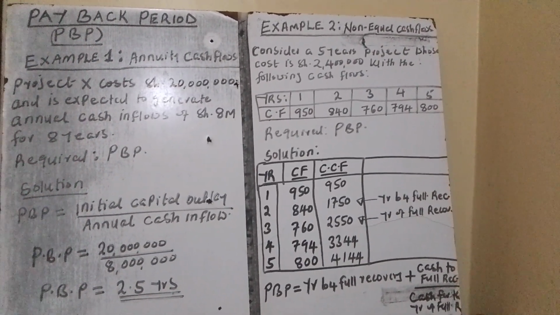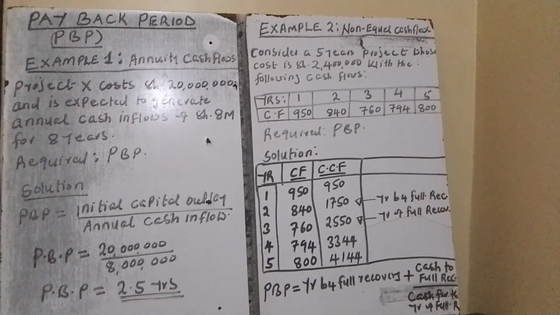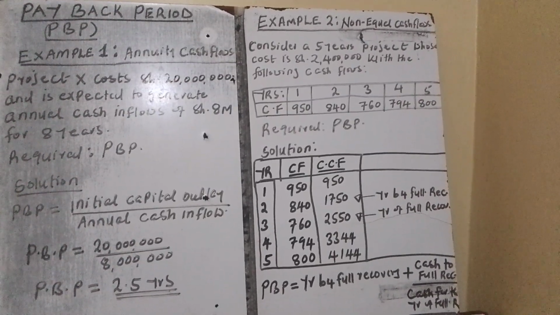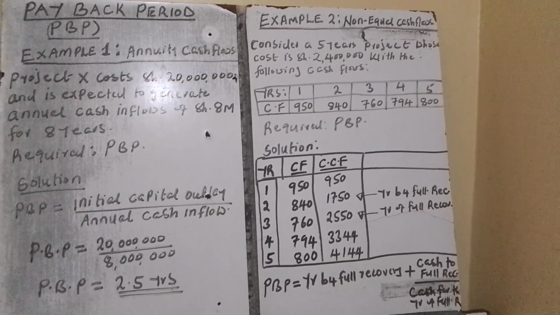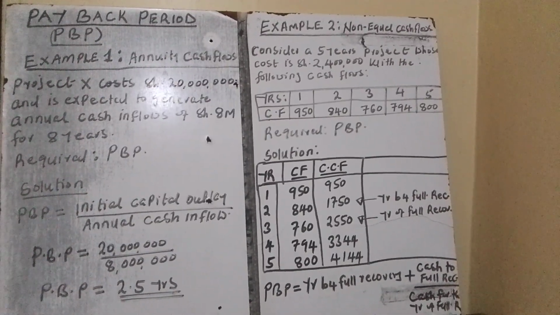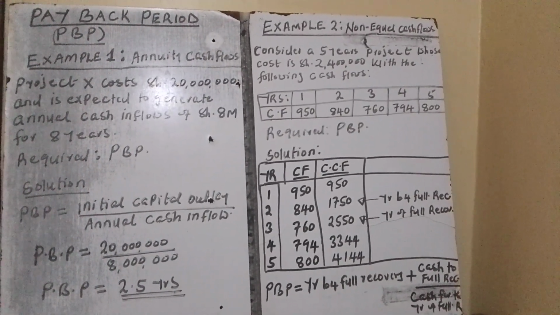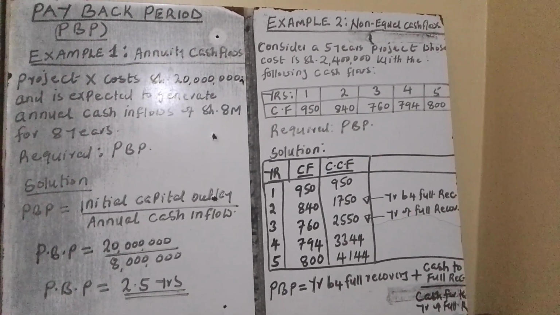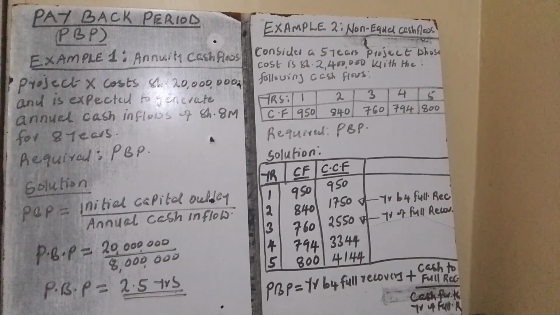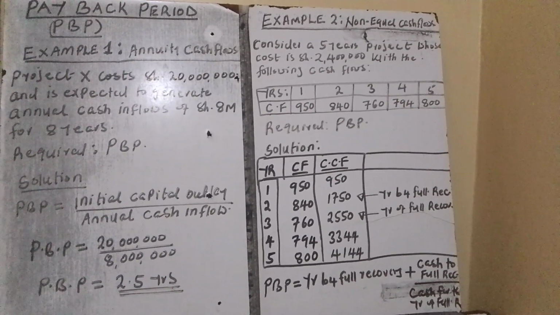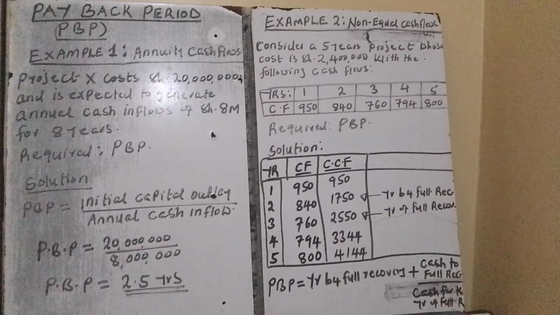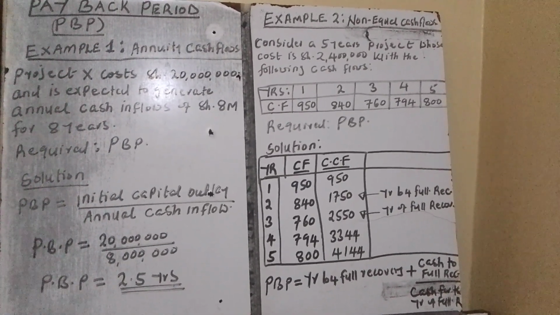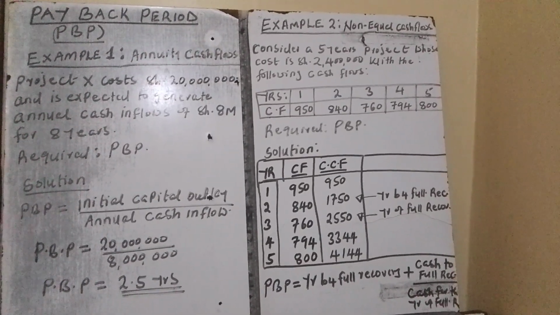So to calculate the payback period, you take the initial capital outlay and divide by the annual cash inflow. In example 1, we are using annuity cash flows, where cash flows are constant.